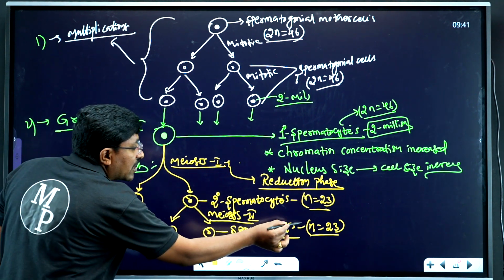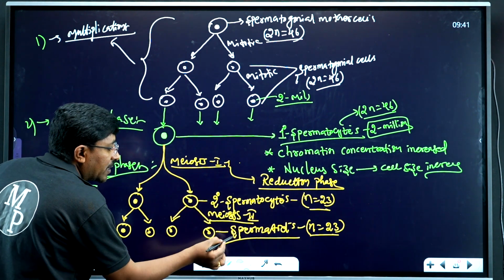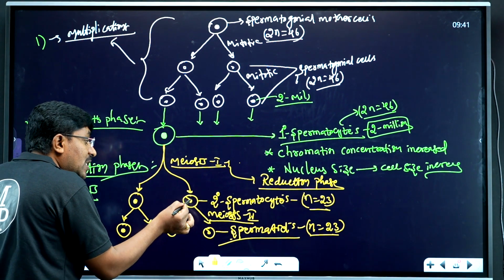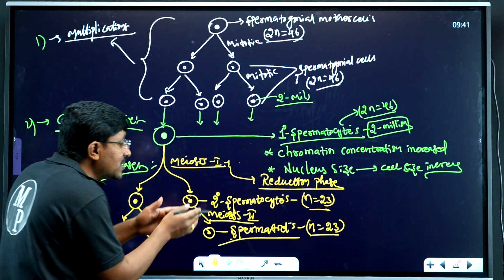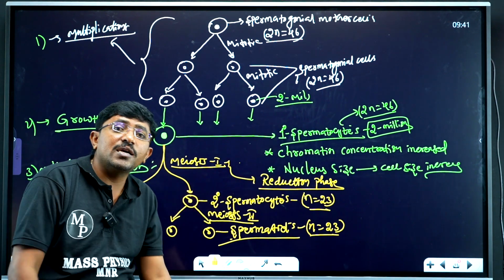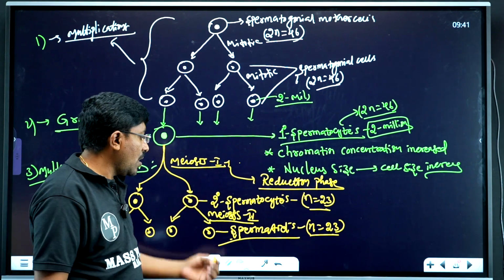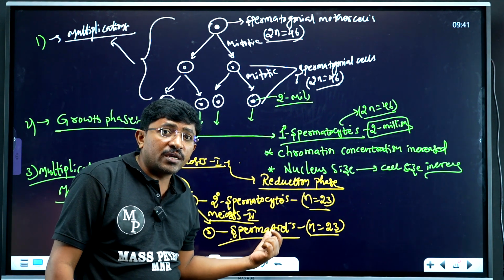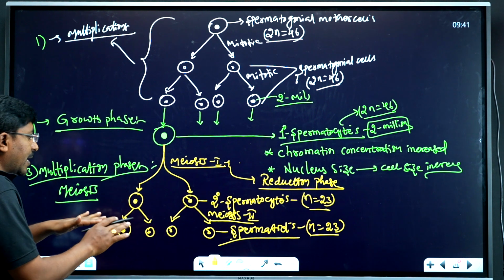There is no decrease in the number of chromosomes. See, the spermatids have 23, and their mother cell also has 23. That means meiosis 2 is not a reduction division. It is a very important thing, right?